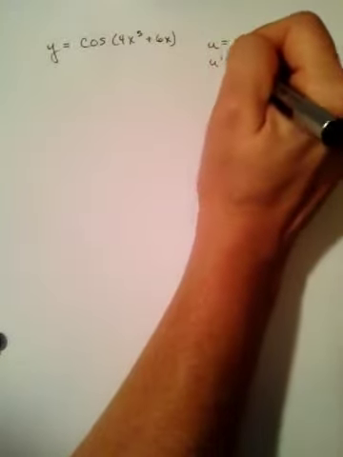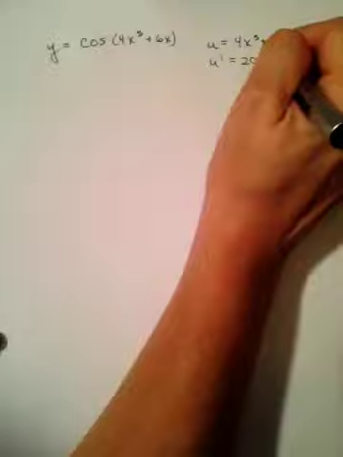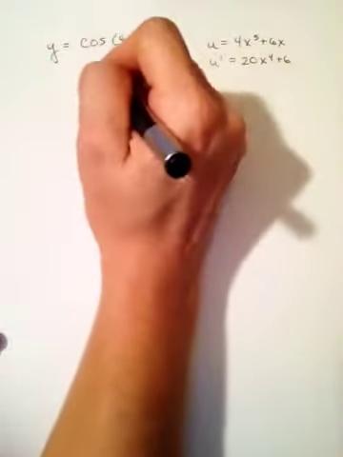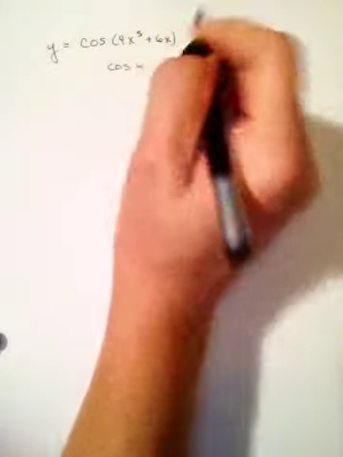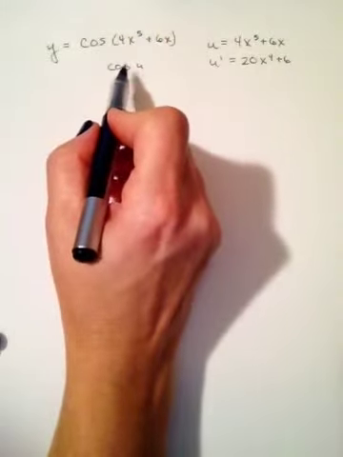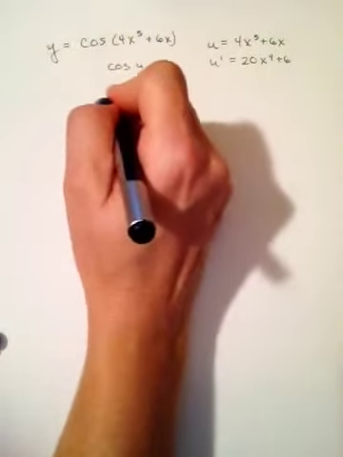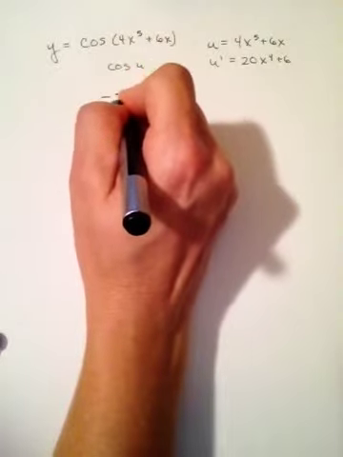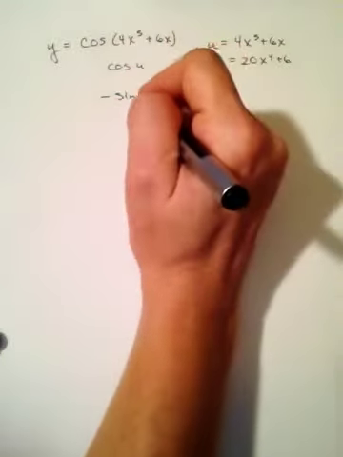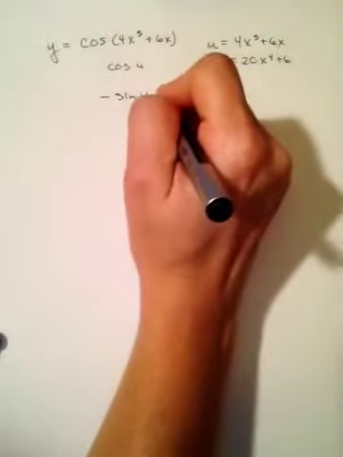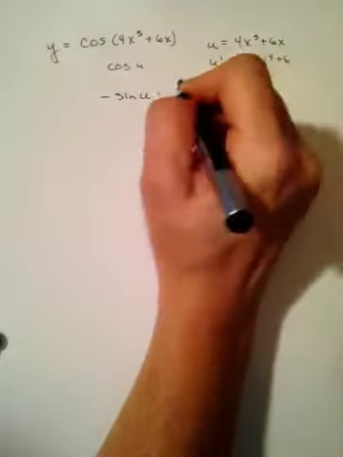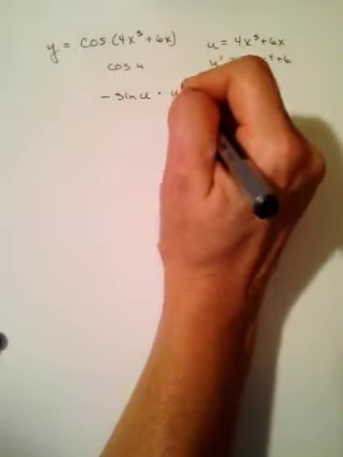My u prime will equal 20x to the 4th plus 6. If I rewrite my function with u, it's cosine of u. Now I'm going to take the derivative of my outside function, so outside function is cosine, so that'll be a negative sine. Leave my inside function alone of u, times the derivative of my inside, which is u prime.